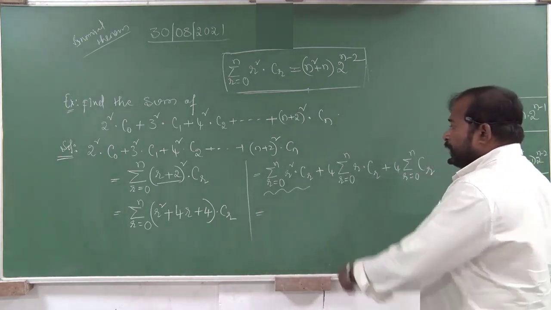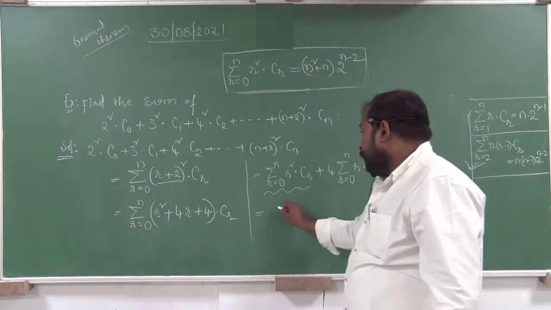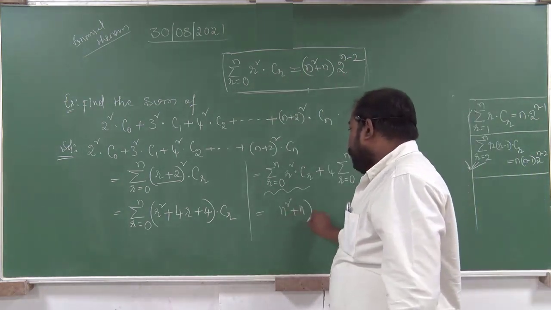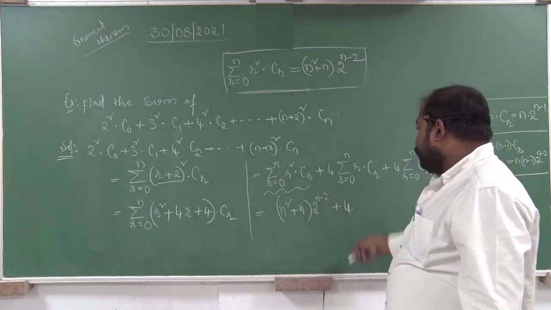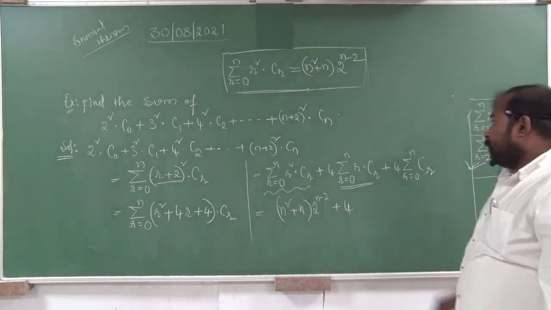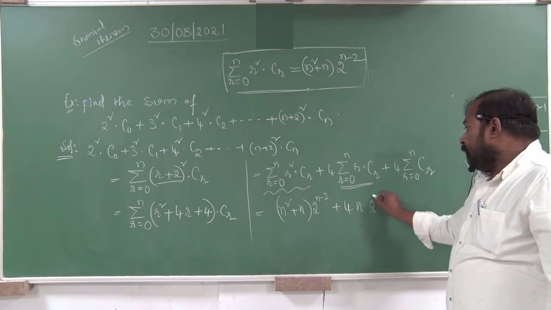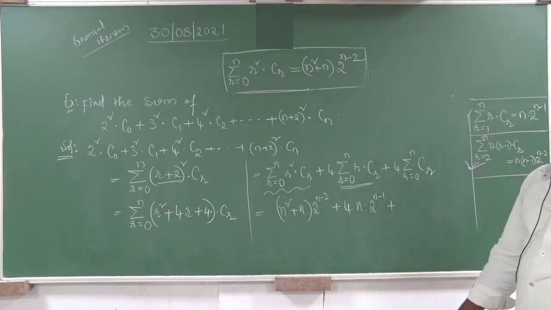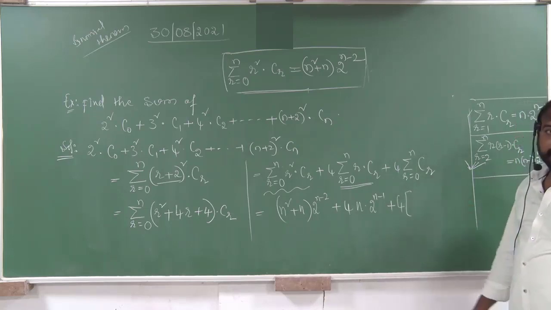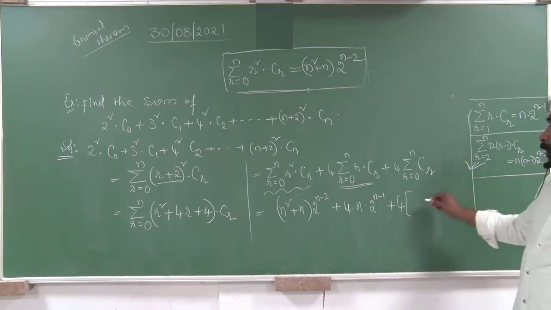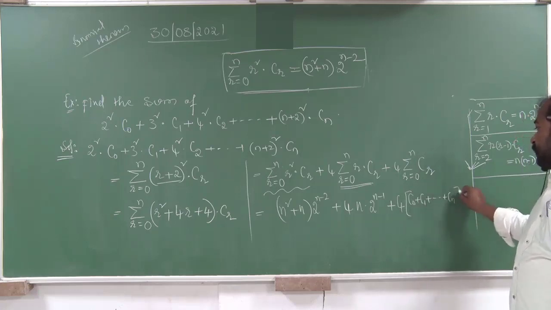Sigma r equal to 0 to n, r square Cr is given by n square plus n into 2 power n minus 2, plus 4 into this value. What about r into Cr? It is n into 2 power n minus 1. Plus what about the last value? Here it is 4 into, if you expand the total value, r equal to 0 to n means C0 plus C1 plus so on up to Cn.